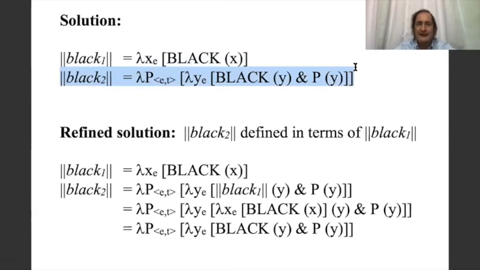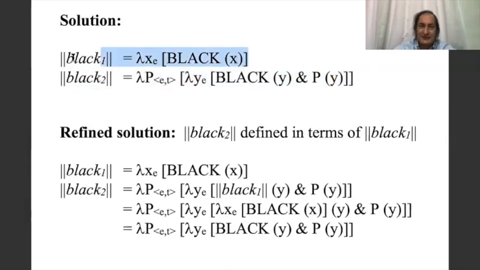Then if we have 100 adjectives, 100 adjectives plus one rule gives us 200 translations: the original translation and the translation that we get by applying that new rule.